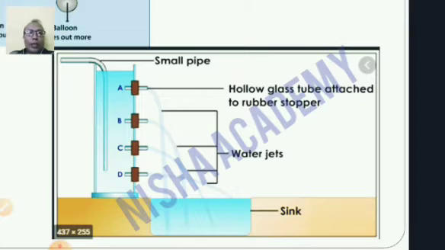The water falling outside from point A reaches a near distance, and the water falling outside from point D reaches a large distance. So the pressure is larger when the height of the water is more, and if the height of the water is less, that is at point A, there is small pressure and the water cannot reach the longer side.